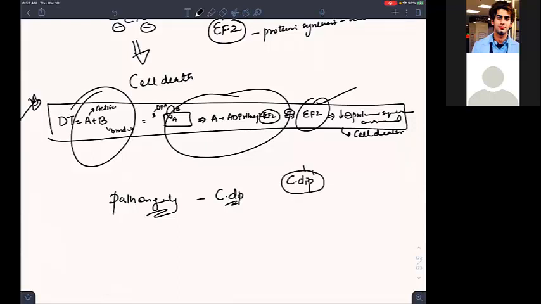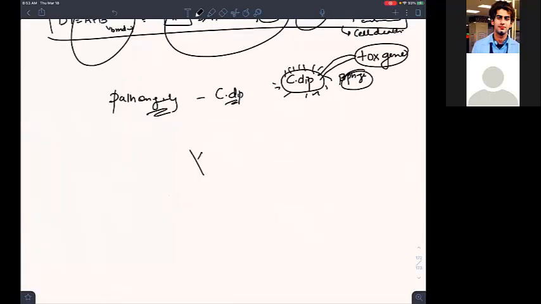diphtheria bacteria. Let me make a fake flagella here. There's some pili. If I have a tox gene in any bacteria, and that is transferring by the genetic pathway, phage mediated, if I have a beta phage mediated toxin gene, remember, this is X bacteria, this is Y bacteria.